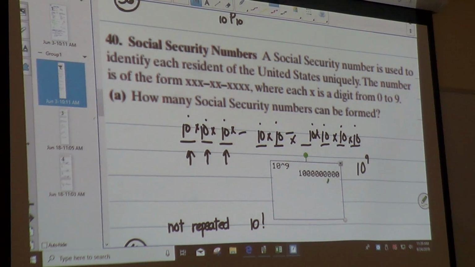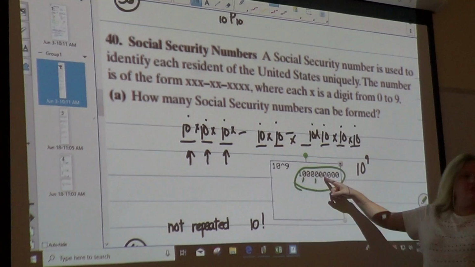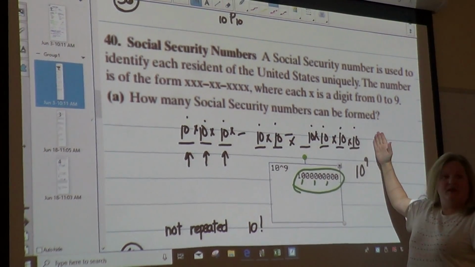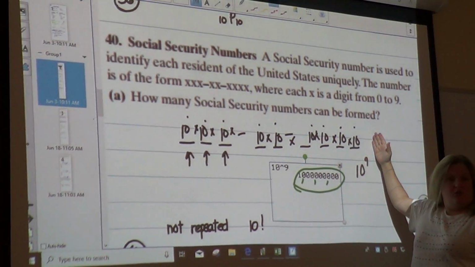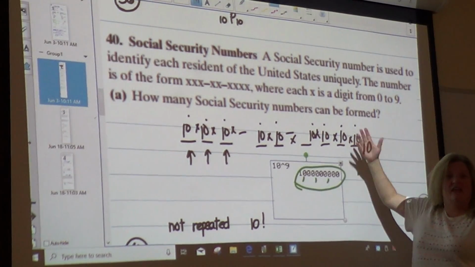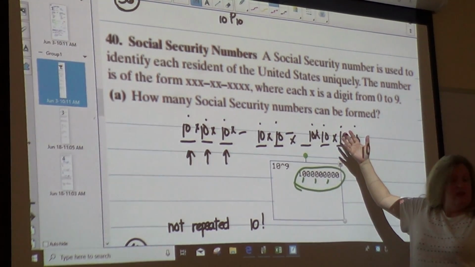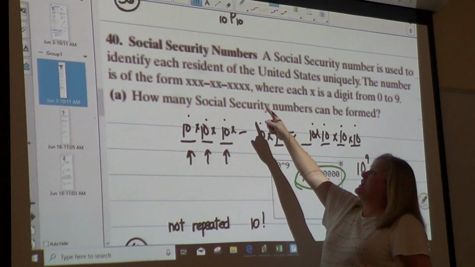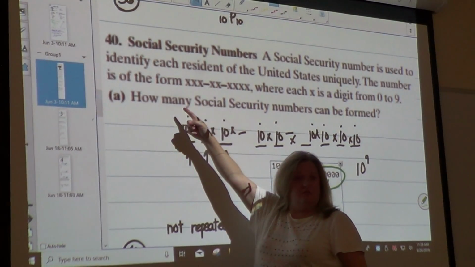Once we get past giving out this many Social Security cards, then we're going to have to make it longer. Or we're going to have to do something. We're going to have to add letters in it or something. Now, what if I said you cannot repeat the numbers?